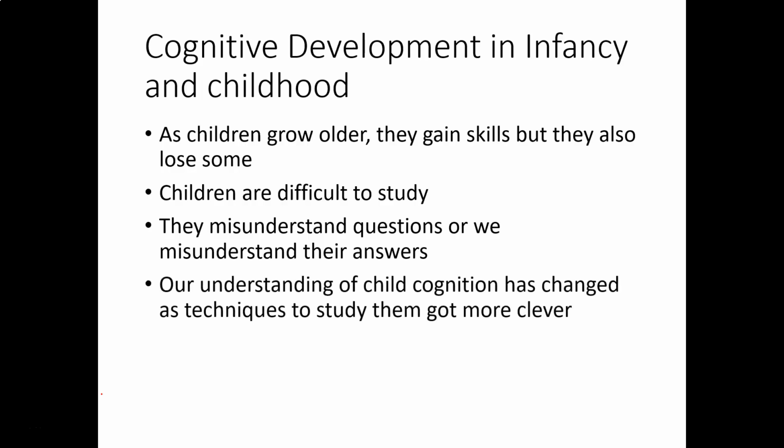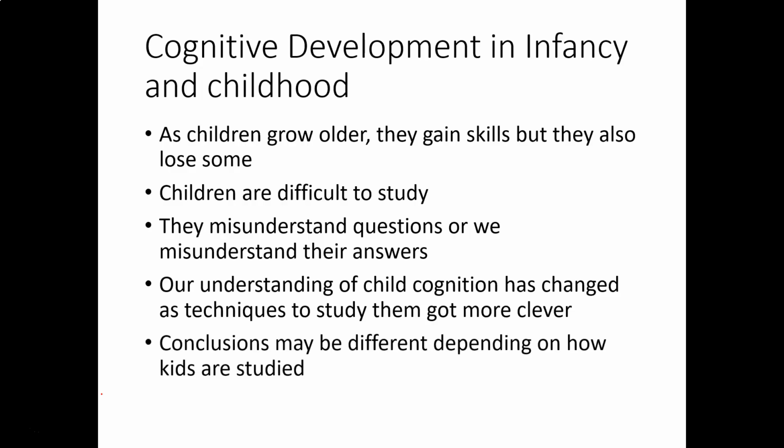And our understanding of how kids think, so child cognition, has changed as the way in which we've chosen to study them has gotten to be more clever. And so depending on how kids are studied, the conclusions about their abilities can vary, right?